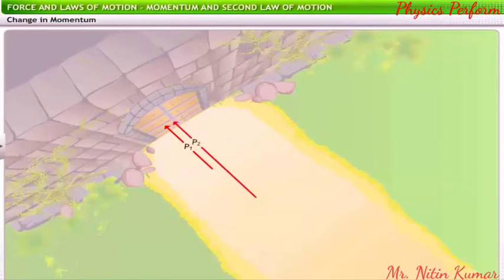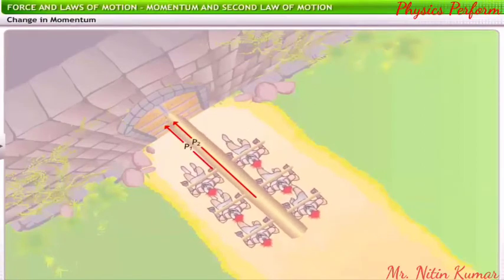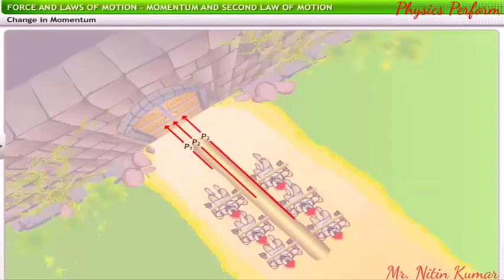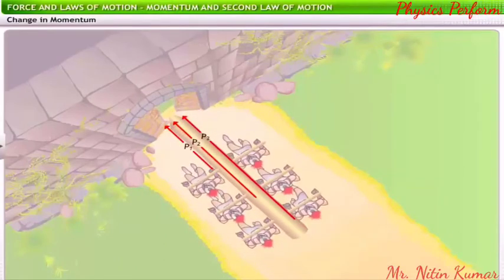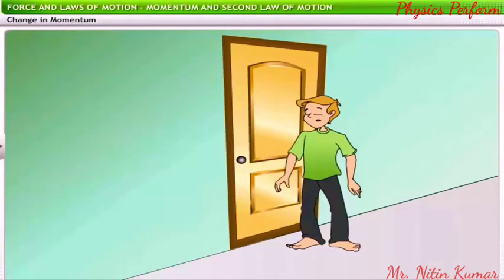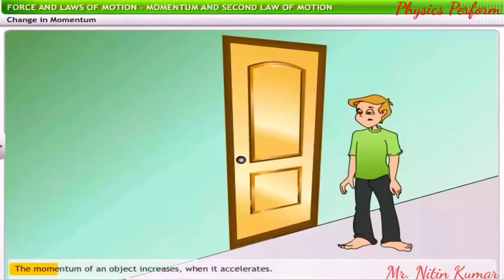The momentum of this army column differs at different points in their run-up to the gate. Although the mass of the log is constant, their velocity is increasing constantly. That is, they are accelerating. Another example is when actors in movies perform stunts, such as breaking down a door.